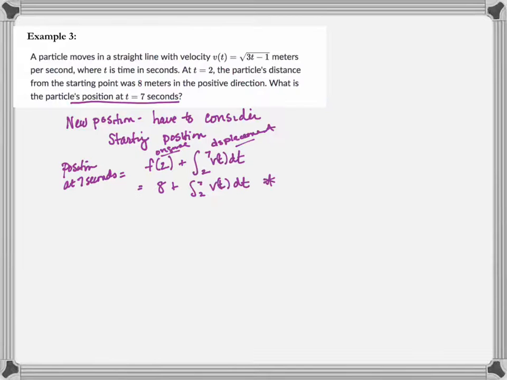And look at example 3. A particle moves in a straight line with this velocity, and t is in seconds. At t equals 2, the particle's distance was at 8 in the positive direction. So it's positive 8. What's the particle's position? So now this one has to use the net change and the initial position because you have to say where I started at 8 and then I went on from here to here, from 2 to 7, and I had some more distance that I traveled.